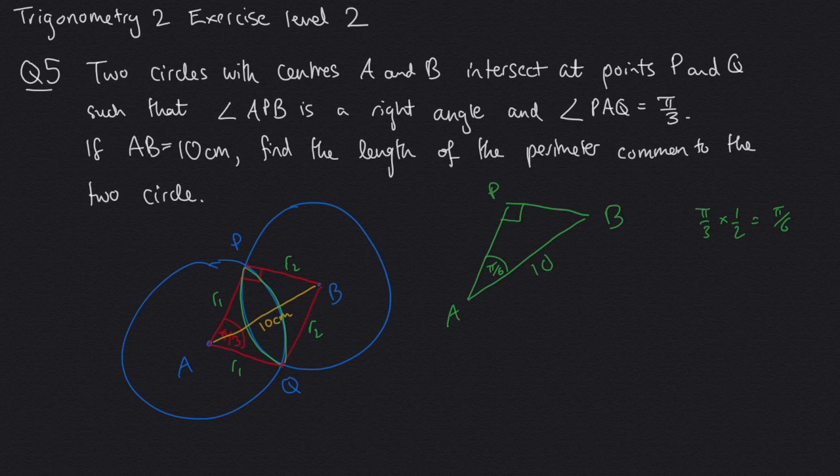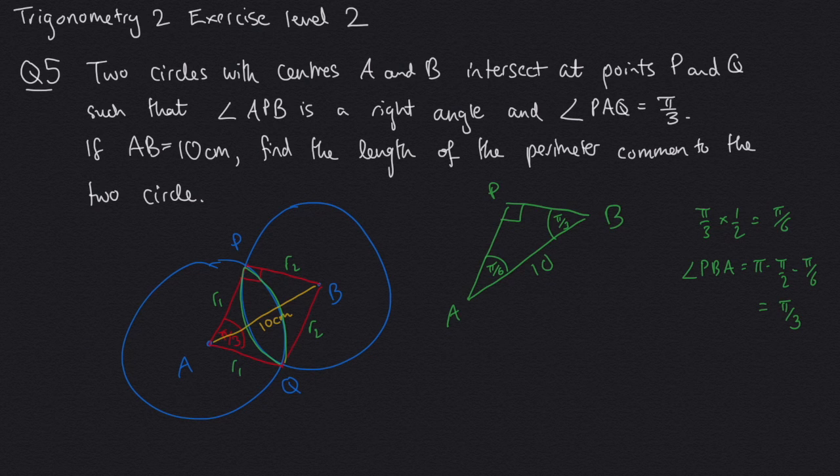And then we also know that because the angles in a triangle sum up to pi radians, angle PBA is pi, subtract a right angle, which is pi over 2, subtract pi over 6, which is pi over 3. So we have PBA is pi over 3.